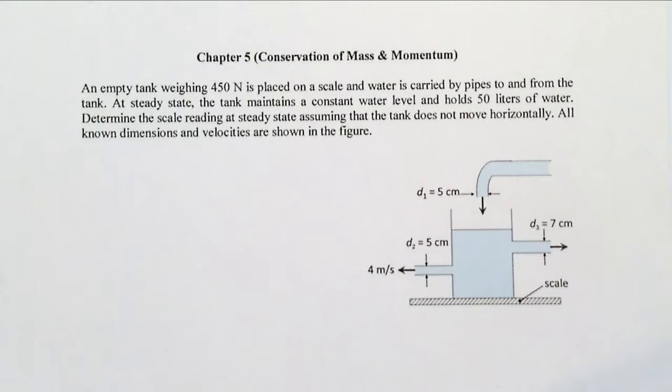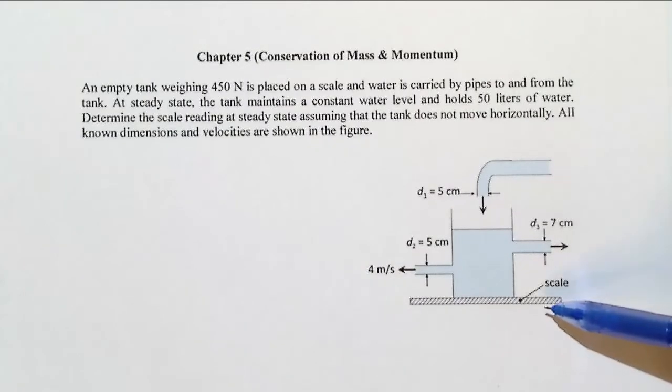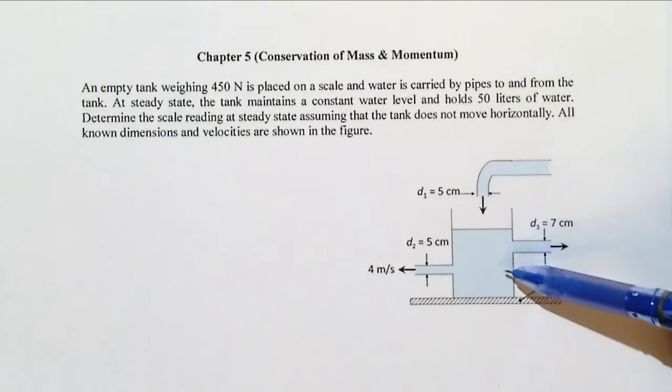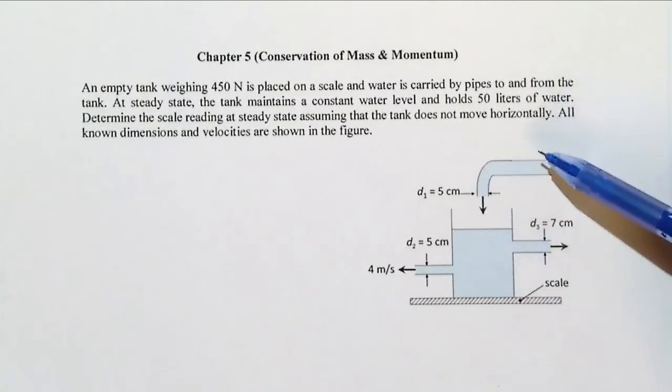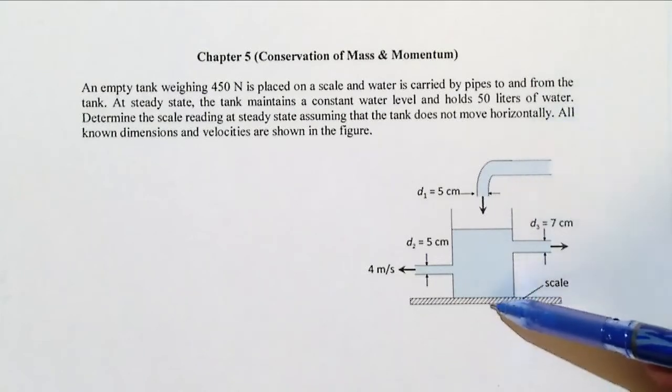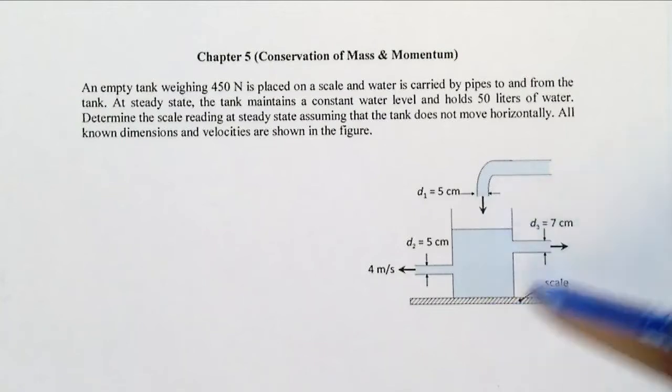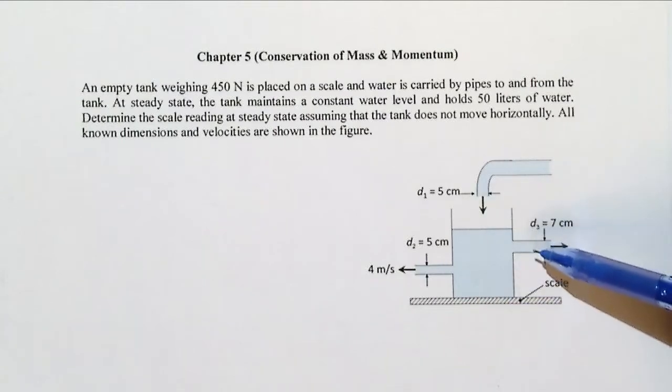When the tank is empty, it has a weight of 450 Newton, and it's placed on a scale. Water also has a weight, and it asks you to find the horizontal force that is needed to keep it constant and stationary.